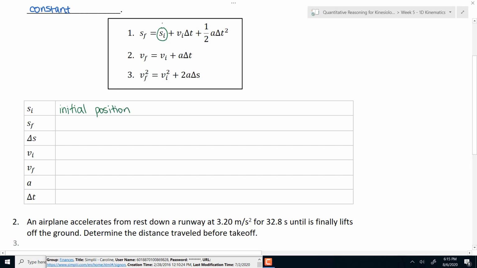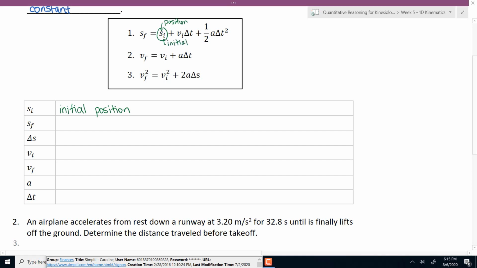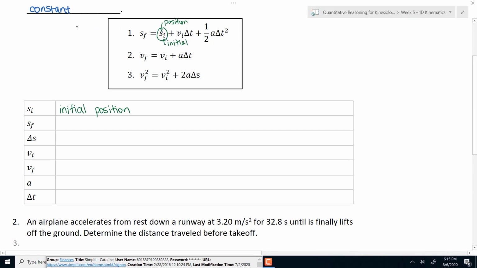The S is position, and the I stands for initial. Next, S_f. What do you think that stands for? Instead of an I, it's an F, so it's final position. And you'll see S_f in the first equation there.